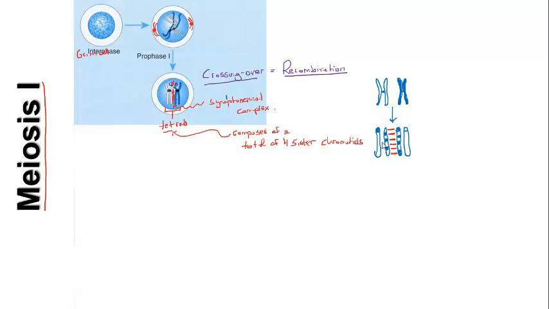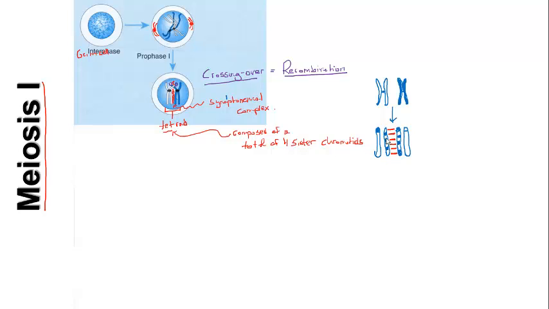underwent crossing over events. All right, I know it's a little bit complex. Maybe going back over this would help you a little bit. But anyways, I just want you to appreciate that after this event, each of the sister chromatids on each of these homologous chromosomes look a lot different than they did when we first went into prophase 1.